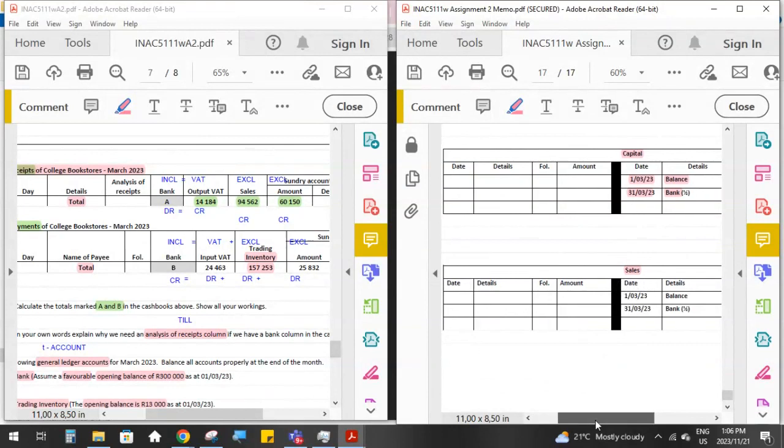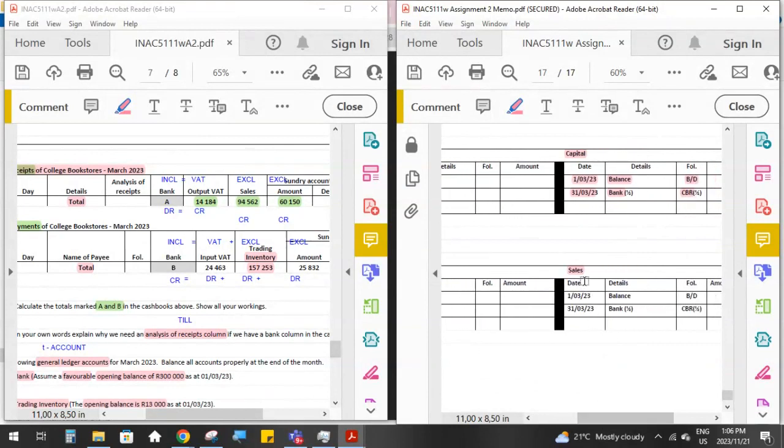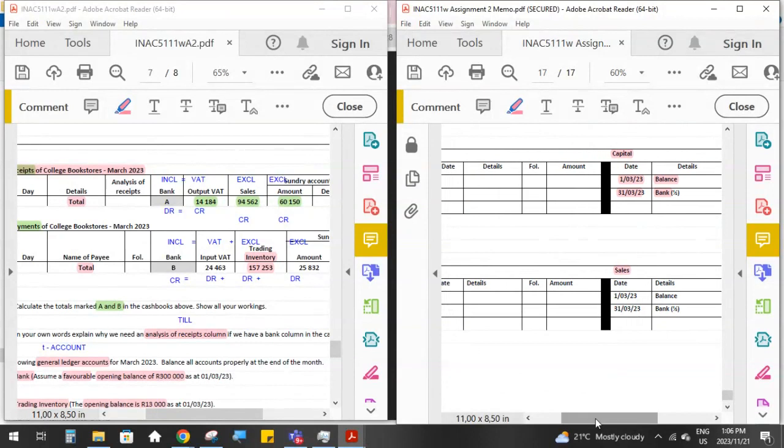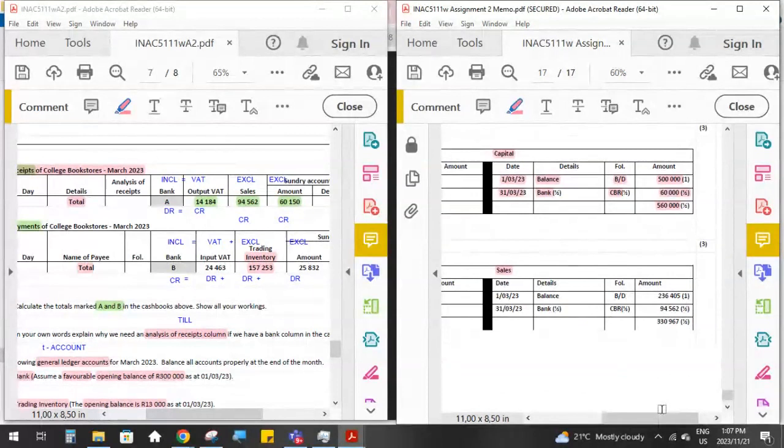My sales account is an income account. We will only ever credit sales. If I have a reversal of a sale, I will use my sales return account and debit that. Sales will only ever get credited. So cash book receipts, they gave us our opening balance, 1st of March balance brought down 236,405.